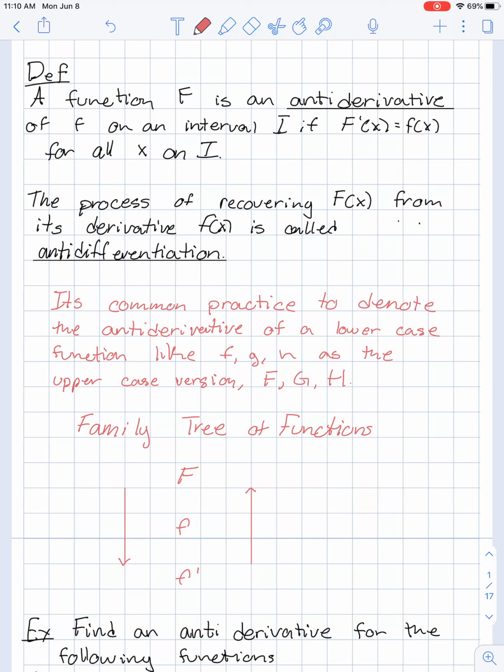We have big F, which I like to think of as the grandfather, then we have little f, and then we have little f prime. If I want to go down the family tree, I take the derivative. If I want to go up the tree, I take the antiderivative, and we usually denote that with an integral. We'll get to more about this next section. But this is the family tree, all right?